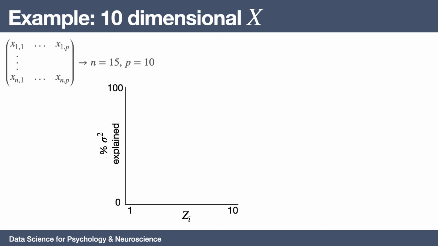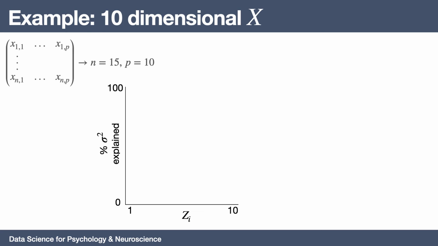Let's think about this with a more complex example. Let's say you have a 10-dimensional feature variable matrix. So P equals 10. And just for our example today, let's say that you have 15 observations. So N equals 15. When you run PCA, what you'll get is 10 principal components and an estimate of the percent variance explained by each component.